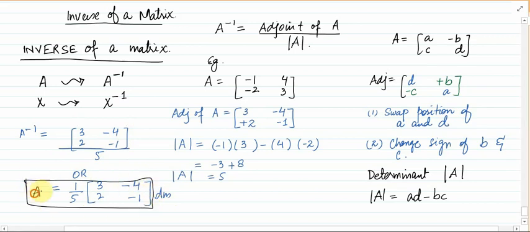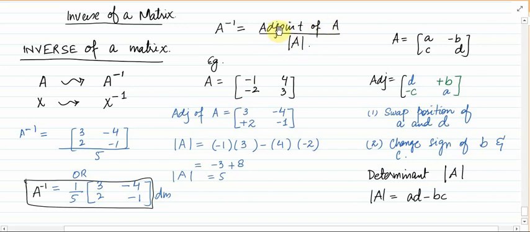That is your A inverse. So that is the method to find the inverse of any matrix. Keep in mind, in order to find the inverse of a matrix, you need to find two things: one is the adjoint of A and the other is the magnitude of A.